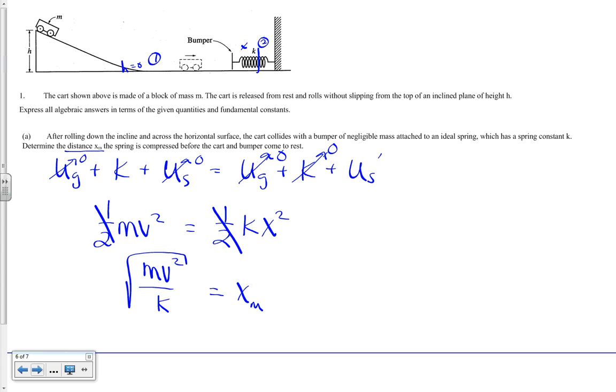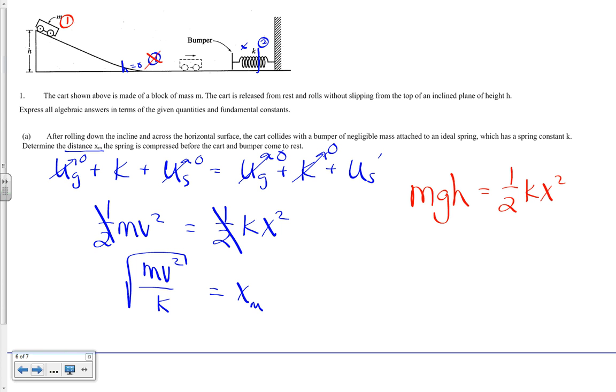Suppose that instead of starting the problem here, we started it here. Energy is conserved, there's no friction, so we should still be able to do this. What type of energy does it have at number 1 now? It has potential, and that's it. It's going to roll down, and then at the end, it's only going to have spring potential.